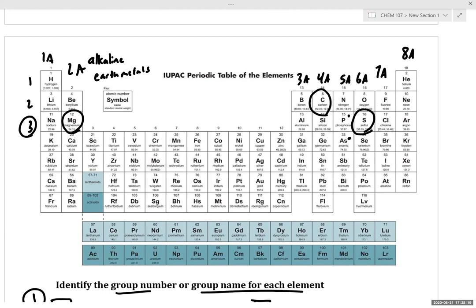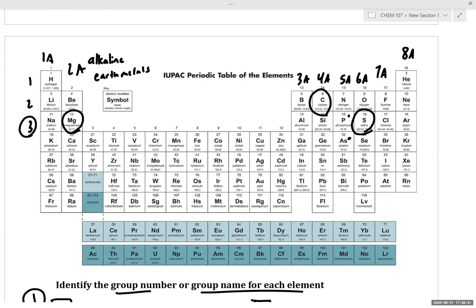Yes. So then we'd expect phosphorus and arsenic to have similar properties and reactivity. Not exactly identical, but very similar properties and reactivity. And we'll see this when we start to talk about periodic trends and electron configurations.